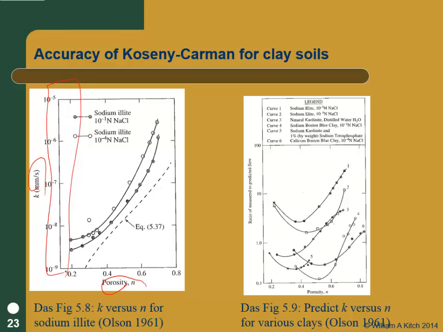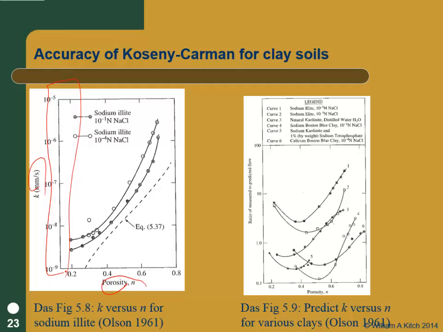So what do you see here? First of all, what kind of soils are these for? These are for clay soils. Okay? So what's the relationship? This is porosity instead of void ratio. Well, what's the relationship between porosity for these and hydraulic conductivity?